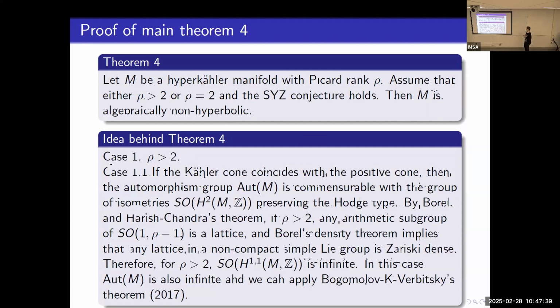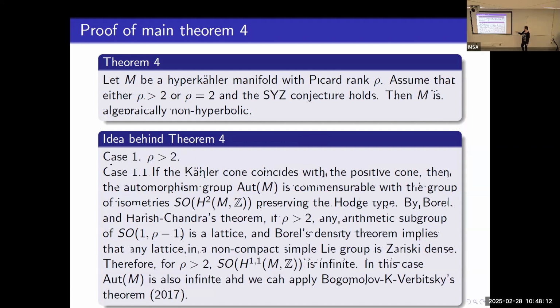Using Borel and Harish-Chandra's theorem, any arithmetic subgroup of SO(1, rho minus 1) is a lattice if rho is bigger than 2. And then by Borel density, since any lattice in a non-compact simple Lie group is Zariski dense, this group of isometries of H^{1,1} is infinite.